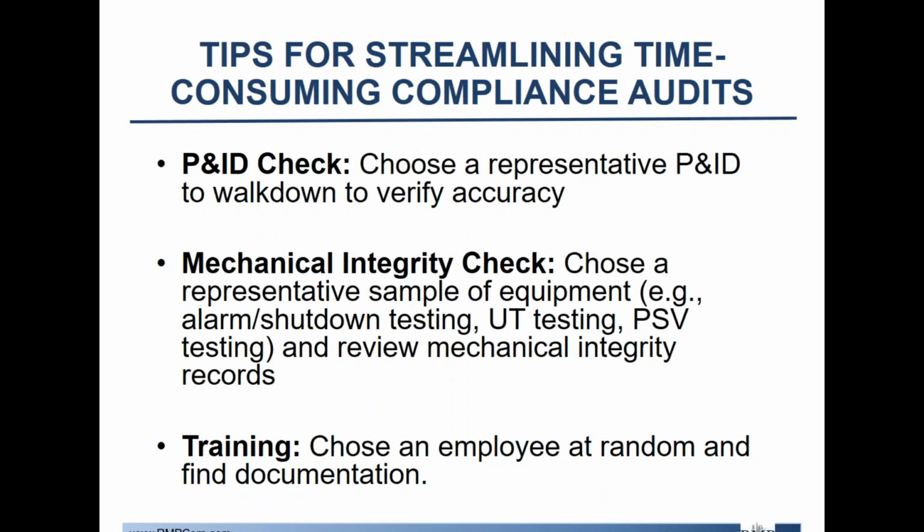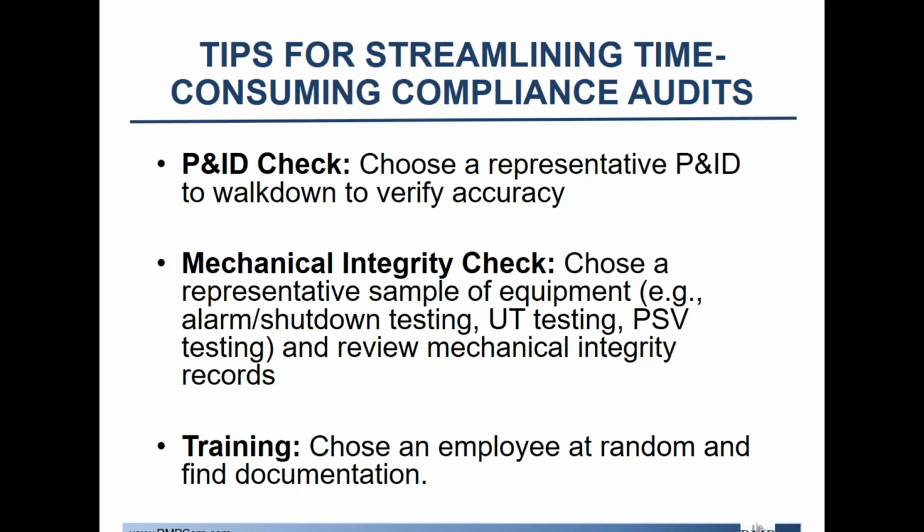Mechanical integrity check. Pick the same piece of equipment that you walk down. Find all the mechanical integrity elements over the last 5 years. Review those records, review them against a centralized requirement for PMs, make sure that everything has been done. You assume that that is representative of your whole system.